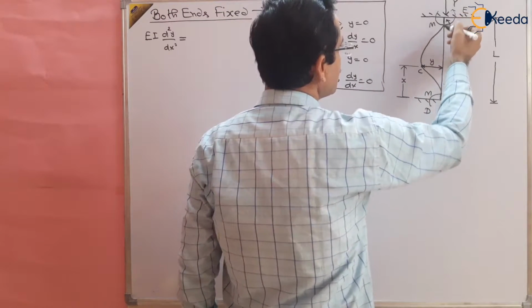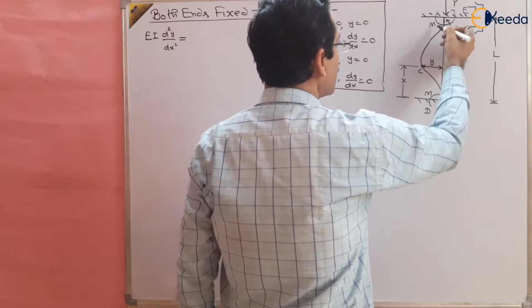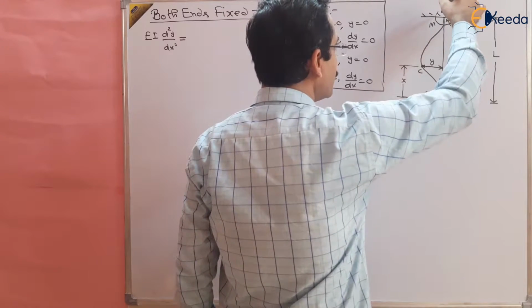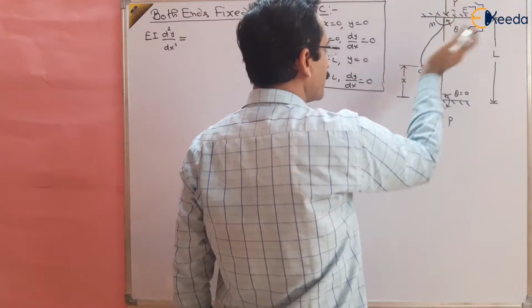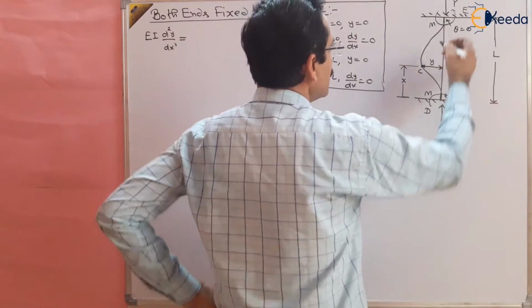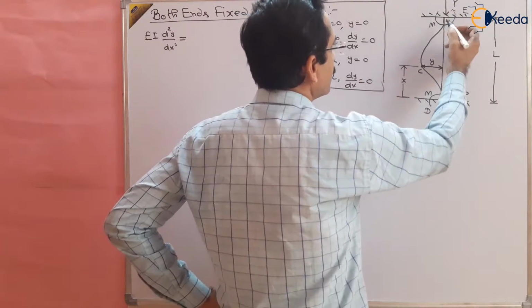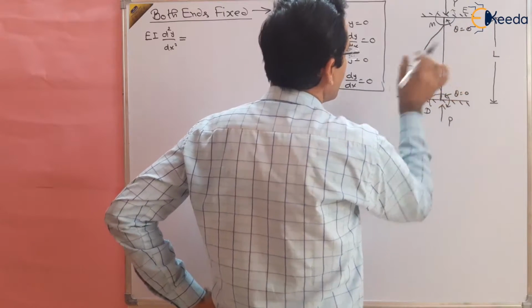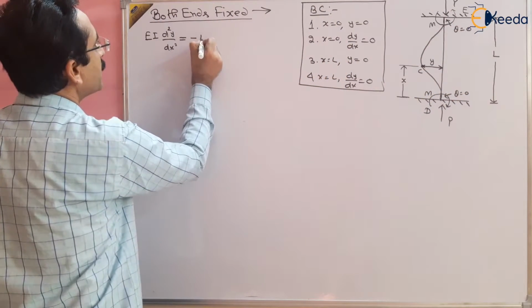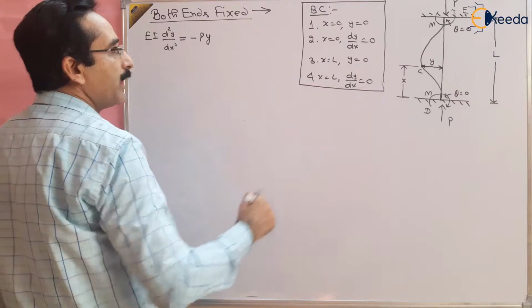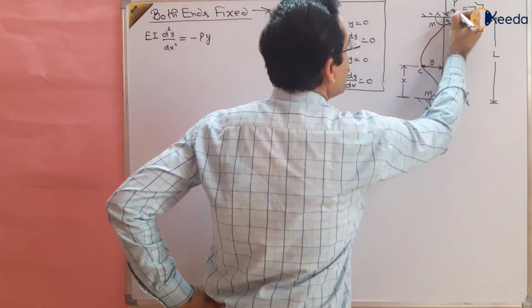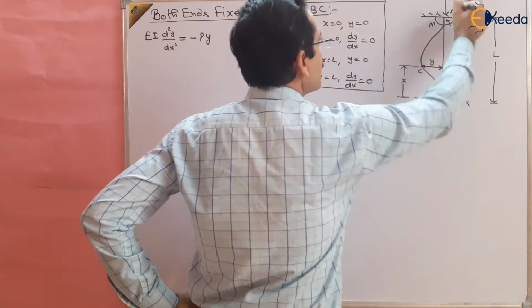Or you can see it is a clockwise curve on the left side, and clockwise on the left side is basically negative. So the term is minus P multiplied by y, negative, and M is anti-clockwise, so M can be taken as positive.